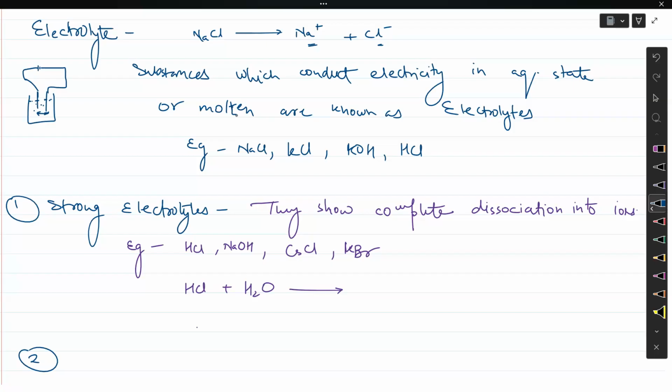But if they are restricted, for example, table salt NaCl in solid form, which you use in the kitchen in our food, they will not conduct electricity. Why? Because the charges present are not flowing or moving. That is why they are not conducting electricity. ठीक है? आई बात समझ में? Yes, sir.